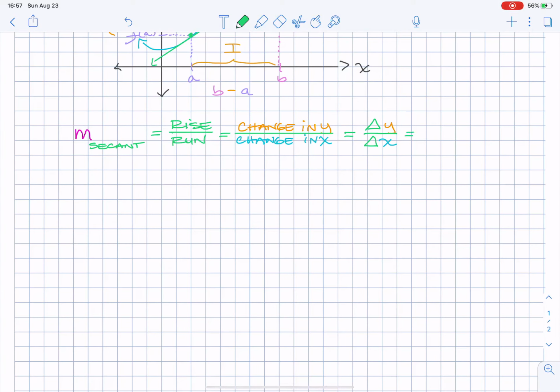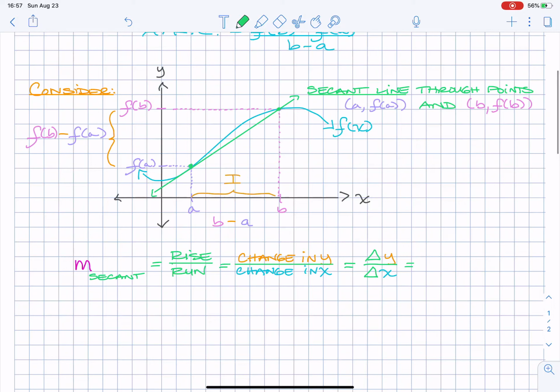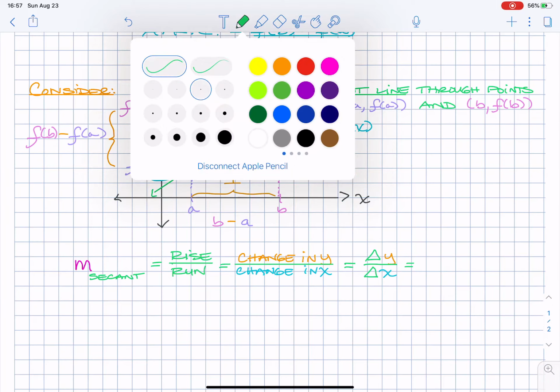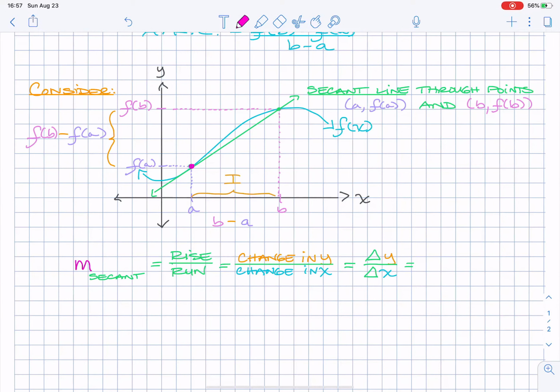Okay, so let's look at this. What is the slope? From the first point at a, f of a to the second point at b, f of b, we rise the distance along the y-axis, then run the distance along the x-axis.